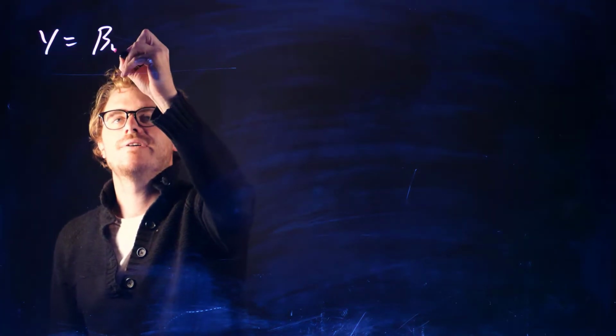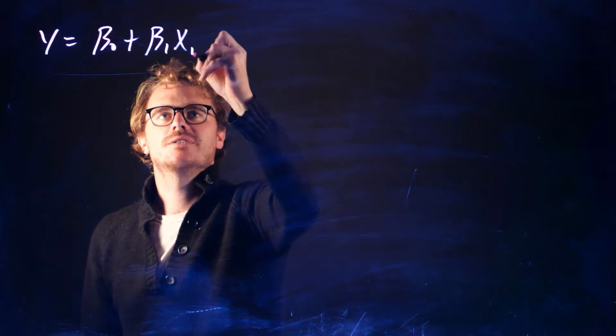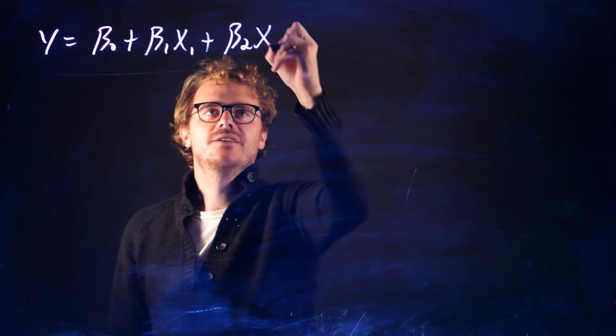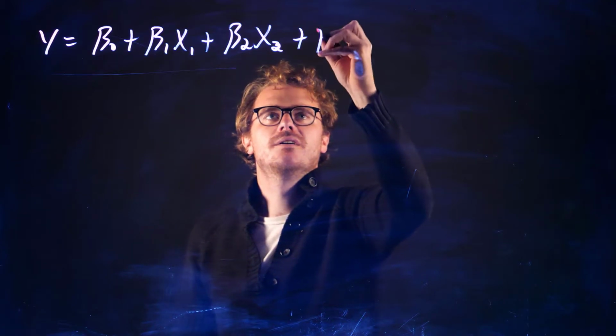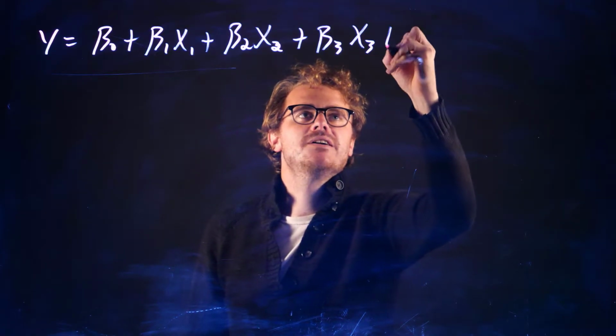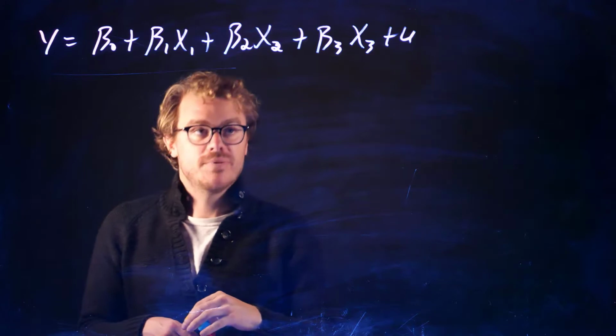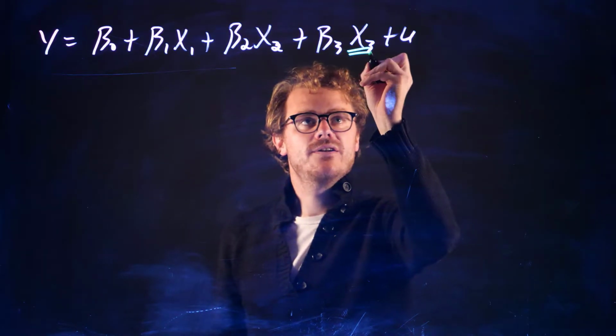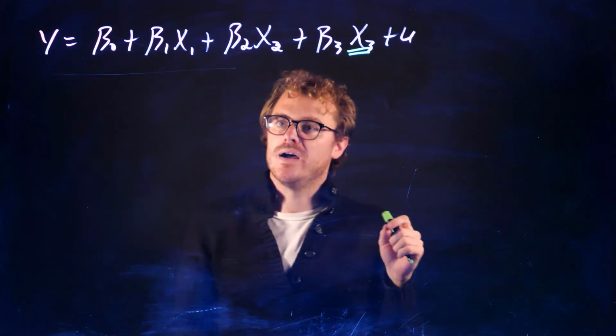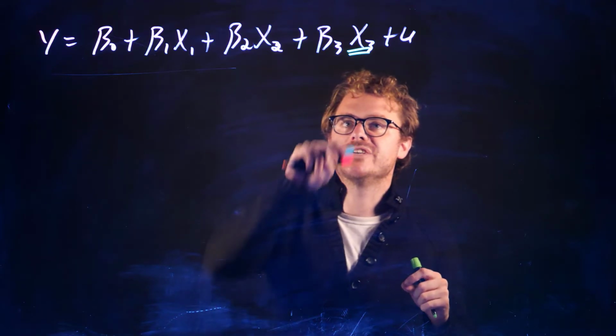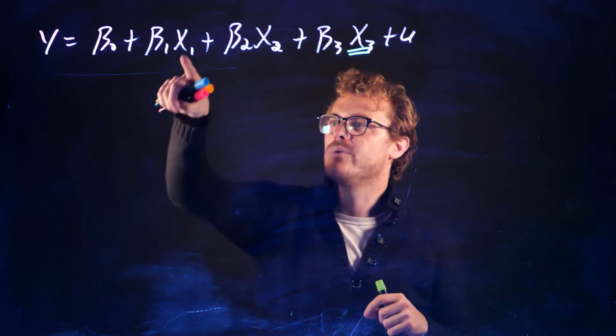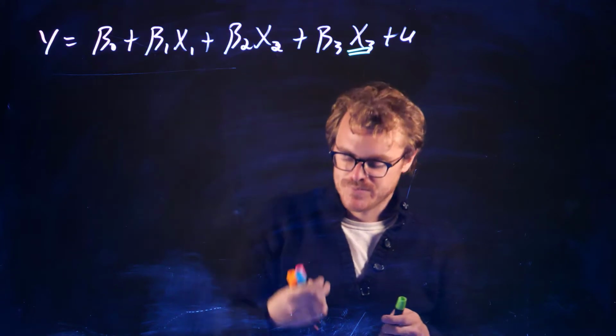So let's rewrite that regression again, just so we have it on this board to talk about. So we had 3 independent variables, but this x3 was the variable that caused this overspecification. x3 has no effect on y once we've accounted for x1 and x2.